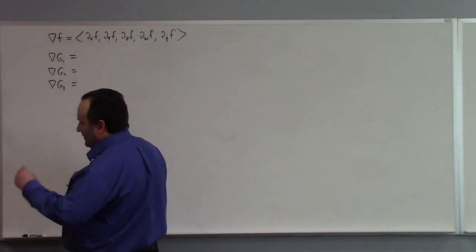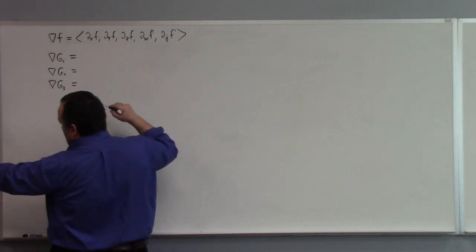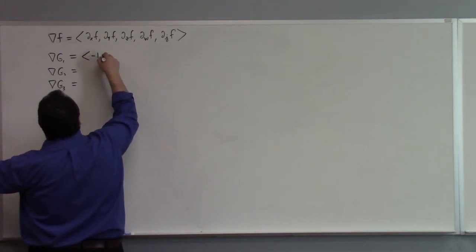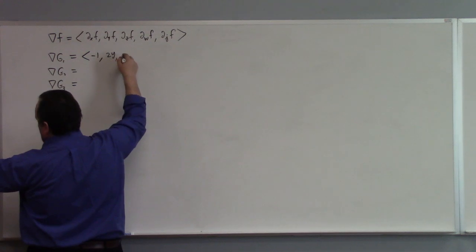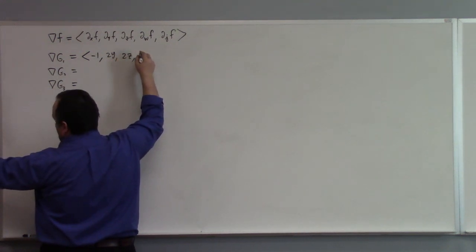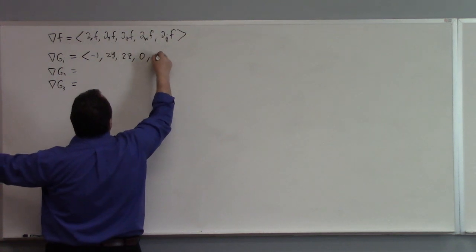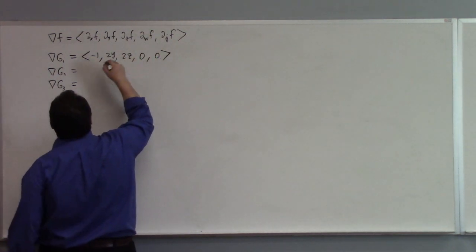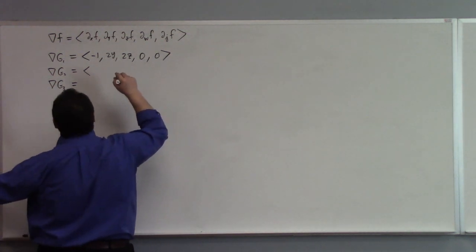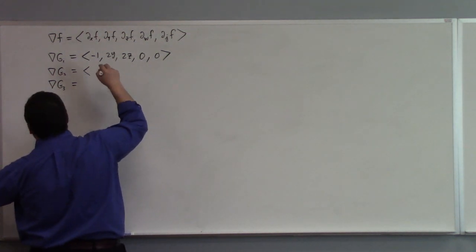All right, so like G1, the gradient is what? I was starting to write it down. Minus 1, 2y, 2z, and there is no w dependence, there's no j dependence, so 0, 0. Great. For the second component function, take my gradient, I got: there's no x.